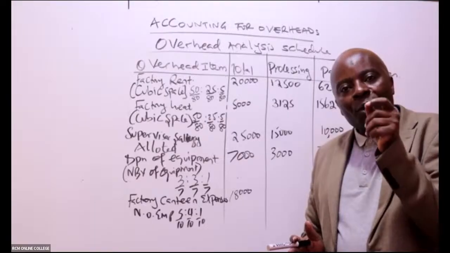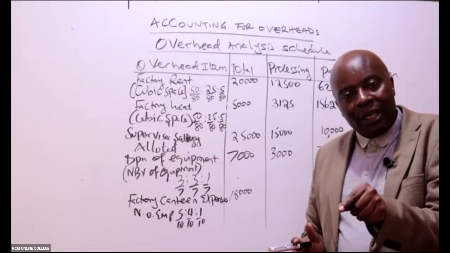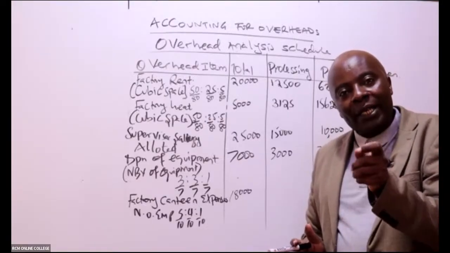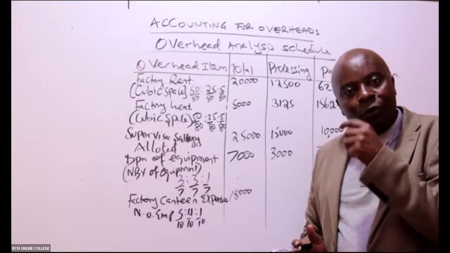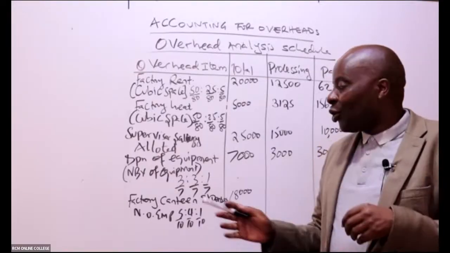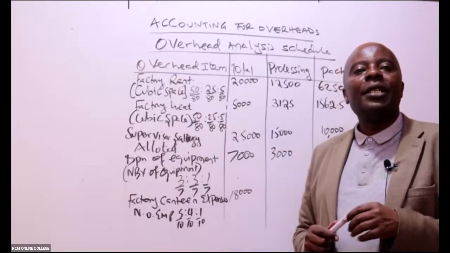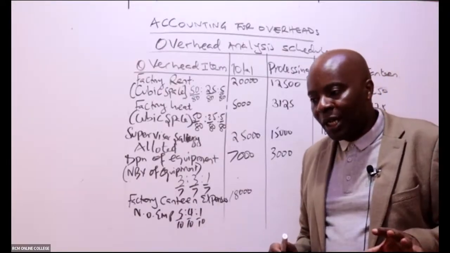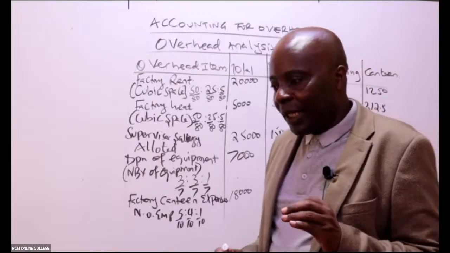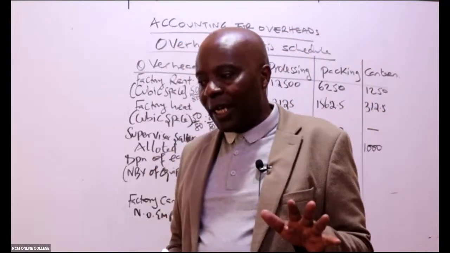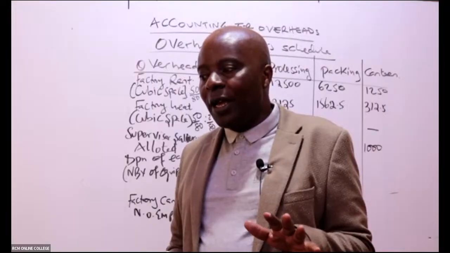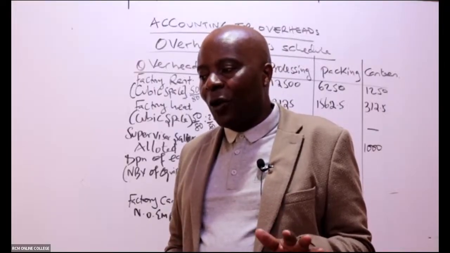People coming from the processing section will come and eat. People coming from the packing division will come and eat. So don't be cheated by the word canteen. It still has to be apportioned. The expense can be incurred in any department, and employees are from every department. So I hope that ninja is well answered.